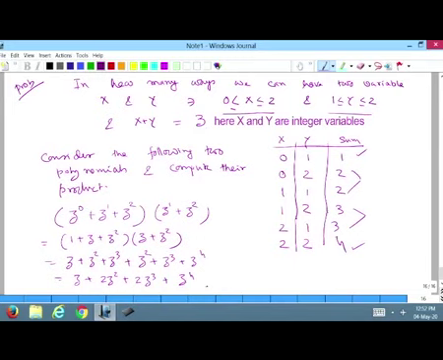Now, can you find a similarity between this product and these numbers and cases? We have only 1 with z to the power 1, 2 with z square, 2 with z cube and 1 with z to the power 4.